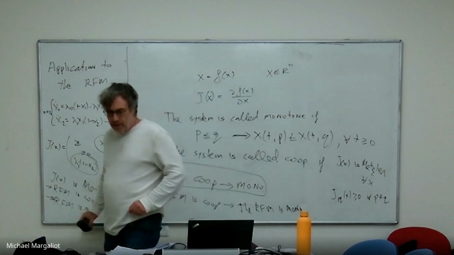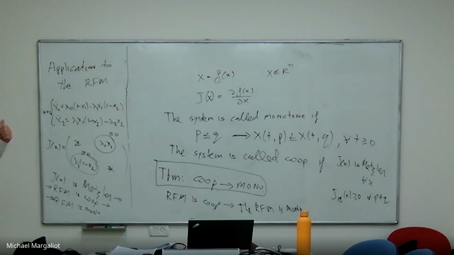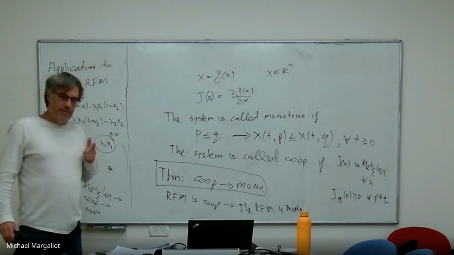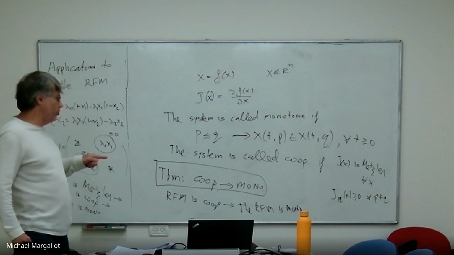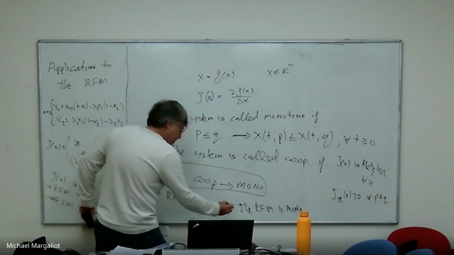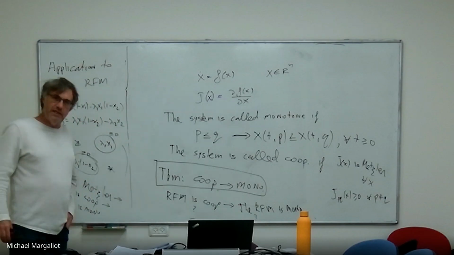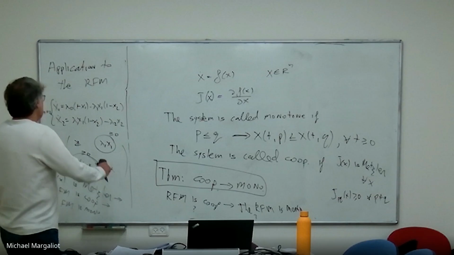is monotone. And now I want to give a little bit more intuition on one, why is the RFM cooperative? And two, what does it mean that the RFM is monotone? So I want to explain a little bit better, or a little bit with more intuition, what each of these statements actually mean.